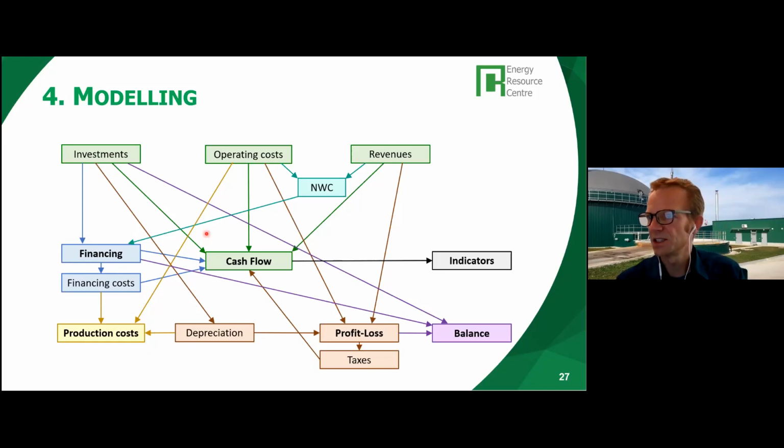And finally, it's possible to prepare the balance projection for each of the years of the project by taking information from the profit and loss accounts, from looking at the investments and looking at the way that a project is financed.